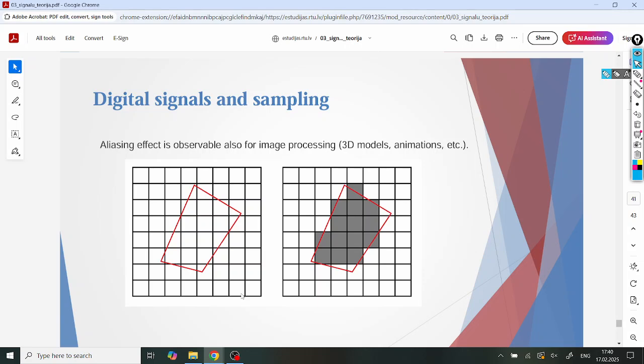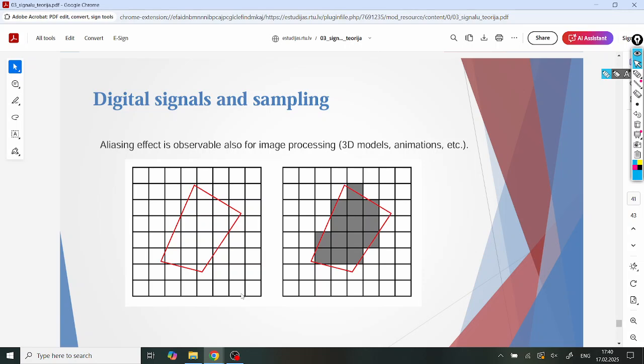If you do not have a high enough resolution of your image file, then it's going to look jaggy, like so, because you sample this original shape, which is the red line, that is your original picture, and these gray squares are basically those pixels where it hits on top of this line for at least 50%, let's say. Yes, and you can see that these pixels do not necessarily form the accurate shape.